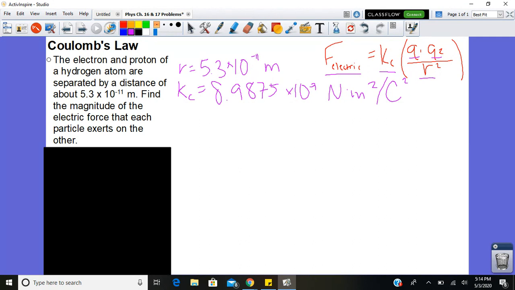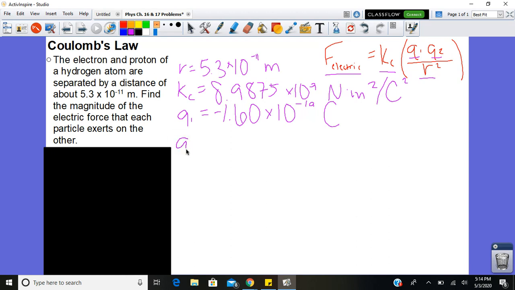Okay, so I'm going to say that my electron is my first object. That can be either one, so that's Q1. And the charge of an electron is negative 1.60 times 10 to the negative 19th coulombs.